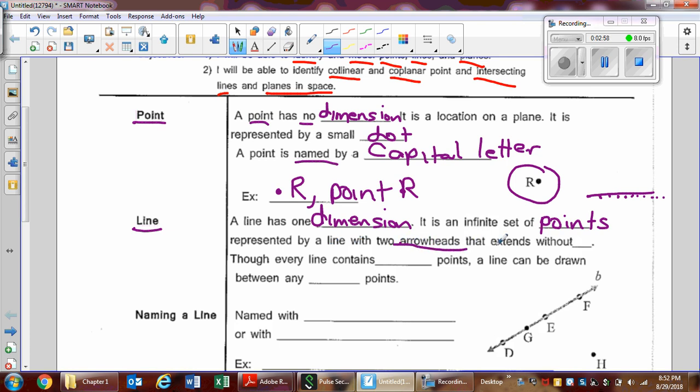So remember, it extends without end. The arrowheads at the end of the line represent that it goes to the right infinitely, and it goes to the left infinitely. Even if we're saying it has infinite points, every line contains infinitely many points. That's what we said, right?